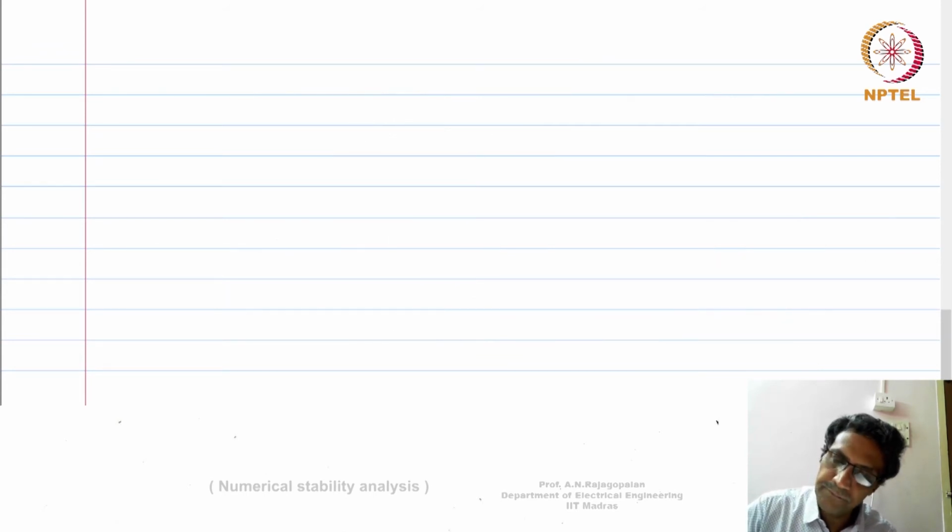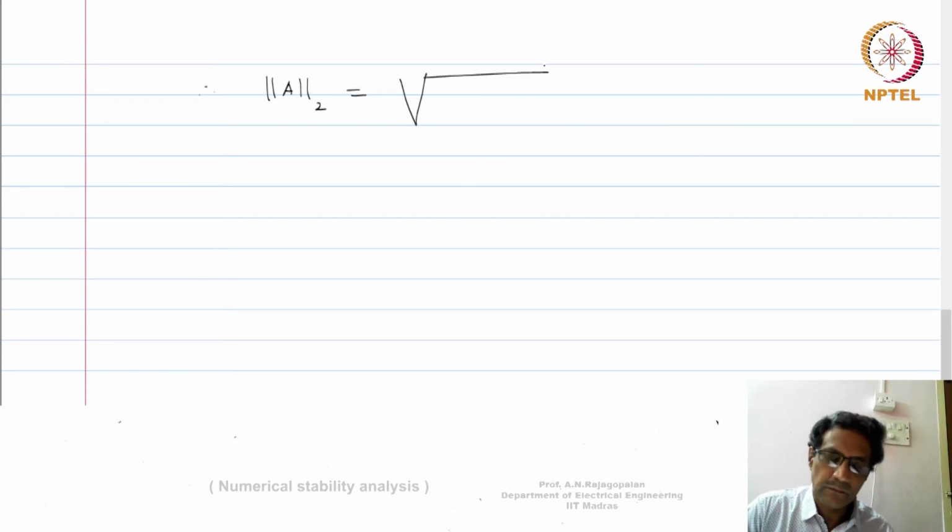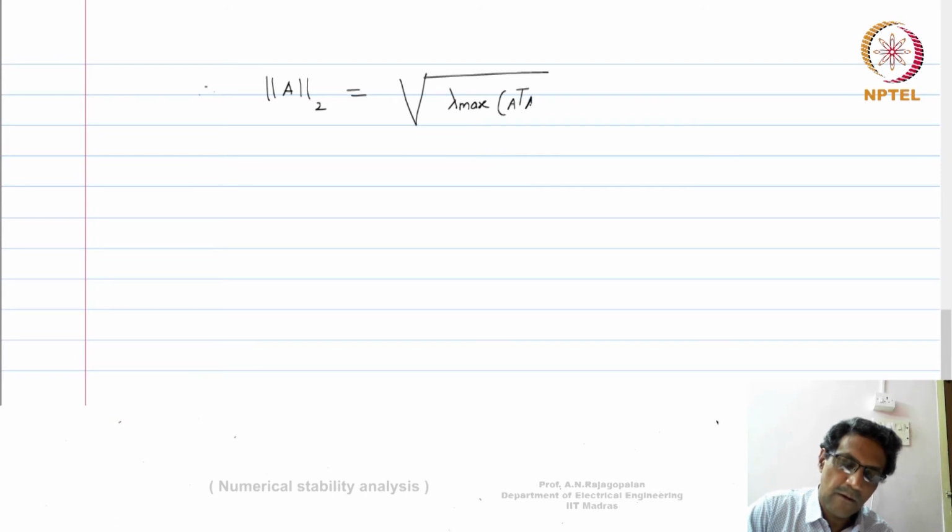And therefore now the spectral norm of A is given as root of lambda max of A transpose A.